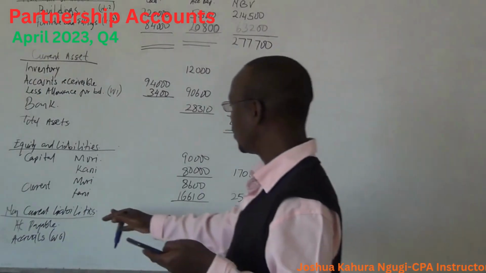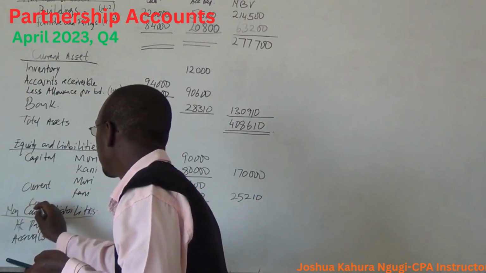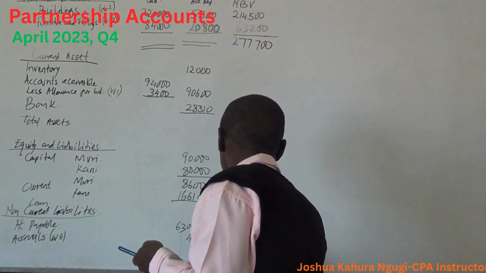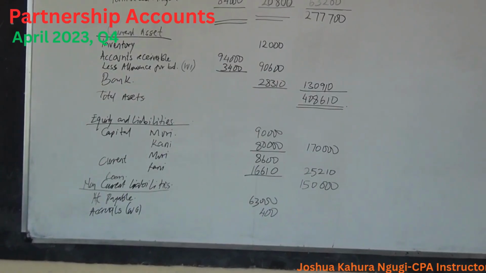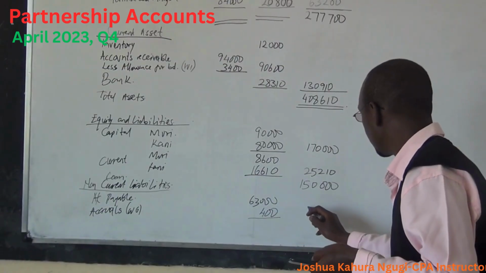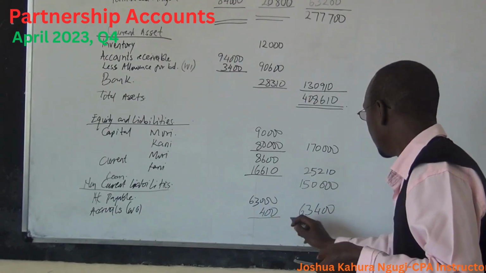Before you go to non-current liabilities, we have a loan of 150,000. So add this, you get 63,400. Add this.